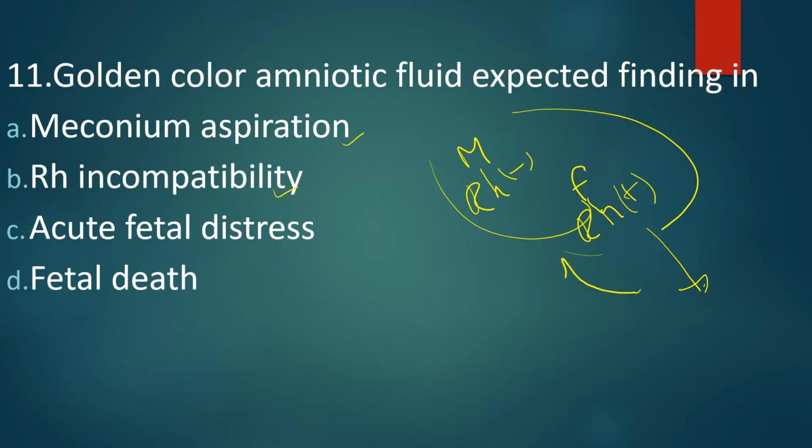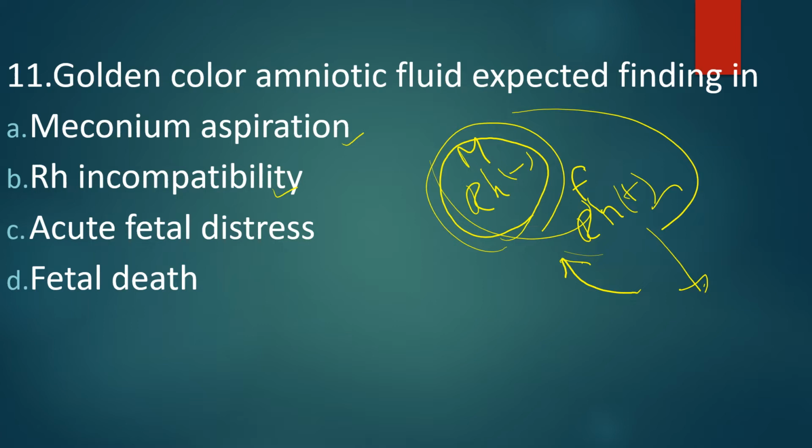The RH positive antibody will enter into the mother's placenta, and this will enter into the blood circulation, and the mother will have RH positive antibodies. So when she gets pregnant again, if the fetus is RH negative, there'll not be any issue. And if the fetus is RH positive, what happens? This will destroy the RBCs. So the fetus will be aborted.